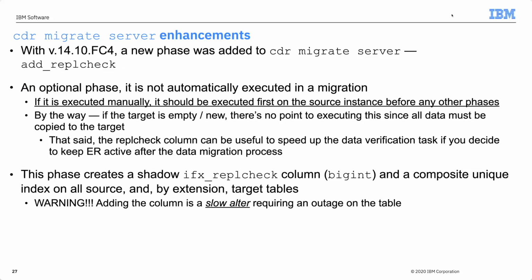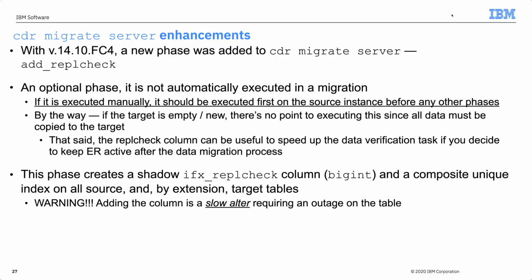This is one that you want to use judiciously. What happens is it will add a shadow column and a composite index to your table on the source, and also on the target for that matter. The composite index includes whatever the shadow column value is, as well as the columns that make up uniqueness within the table.